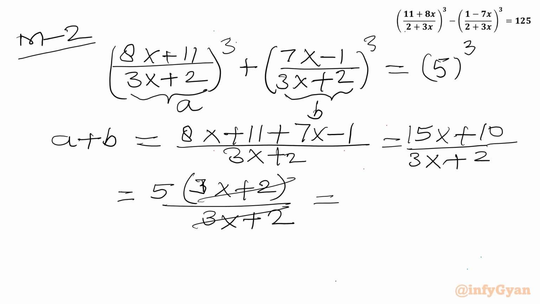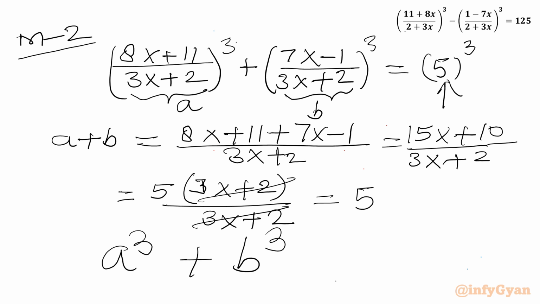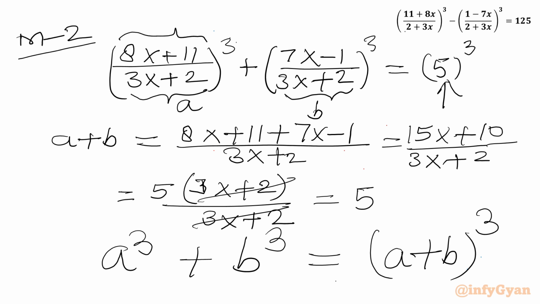So A plus B equal to 5, and this is our RHS. So I can write A cube plus B cube equal to (A plus B) whole cube. Remember (8x + 11)/(3x + 2) is A, and (7x - 1)/(3x + 2) equal to B.